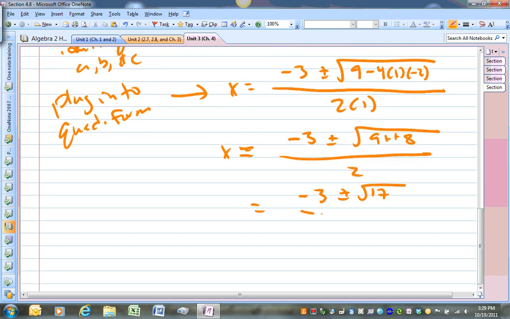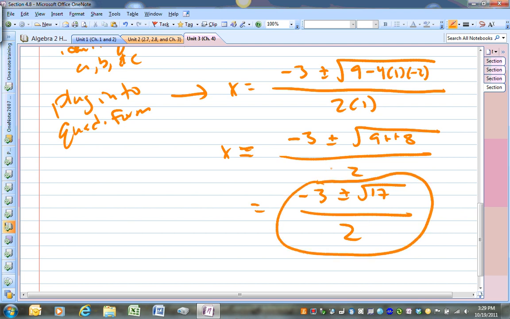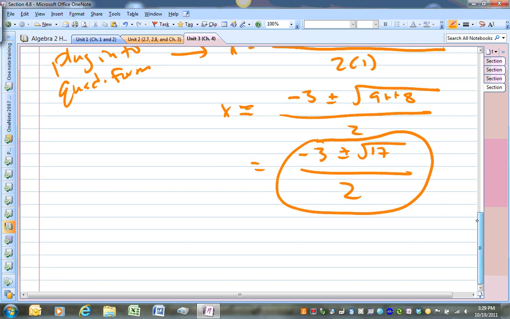And you get negative 3 plus or minus root 17 over 2. Now, you can also graph these and get the answer using your graphing calculator, but we'll discuss the graphing calculator method either on Friday or Monday.